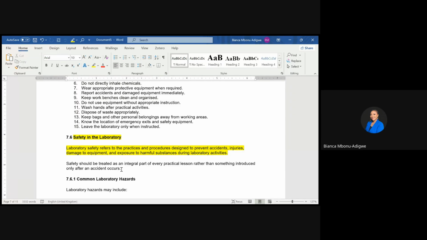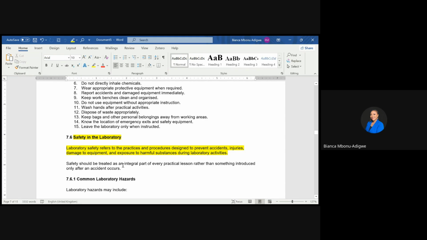So as an integrated science teacher in your lab, what is lab safety? Anything that you do in that lab to make sure that there are no accidents, your equipment are not damaged, and students are not exposed to harmful substances during your practical activities.